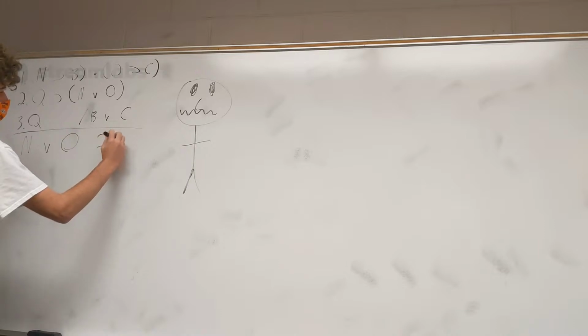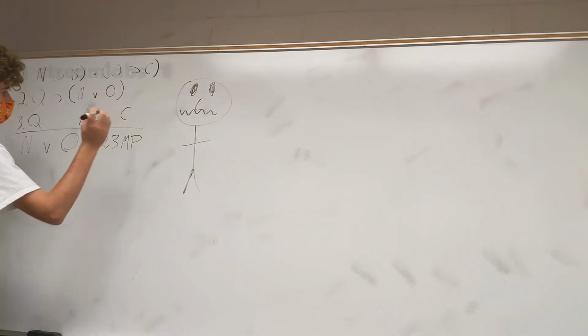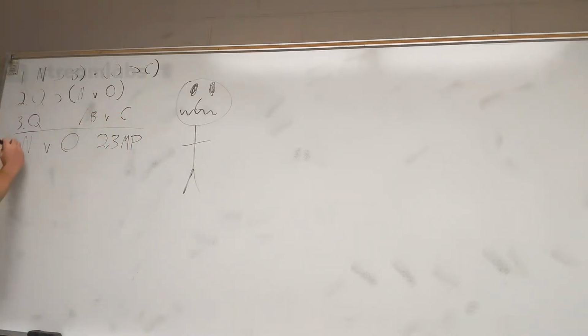So we have Q, and that means that we have N or O. Cool. And that's through 2, 3 modus ponens. Good. And then through the CD rule, I don't remember what that was called. Constructive dilemma.